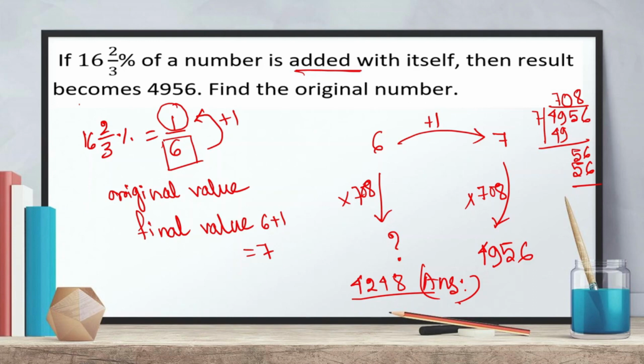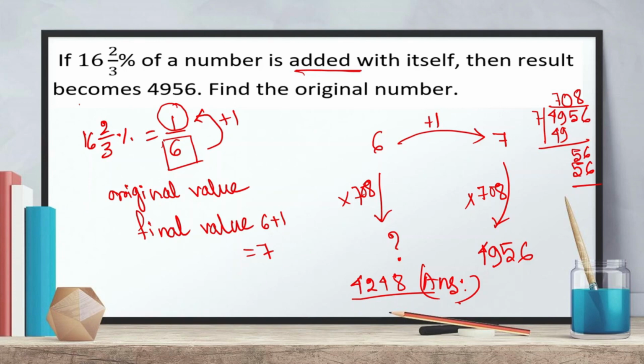Now the result is 4956. That means the final value 7 is equivalent to 4956. That is 708 times of 7. So the original value would be 708 times also and it is 4248. I hope it is clear.